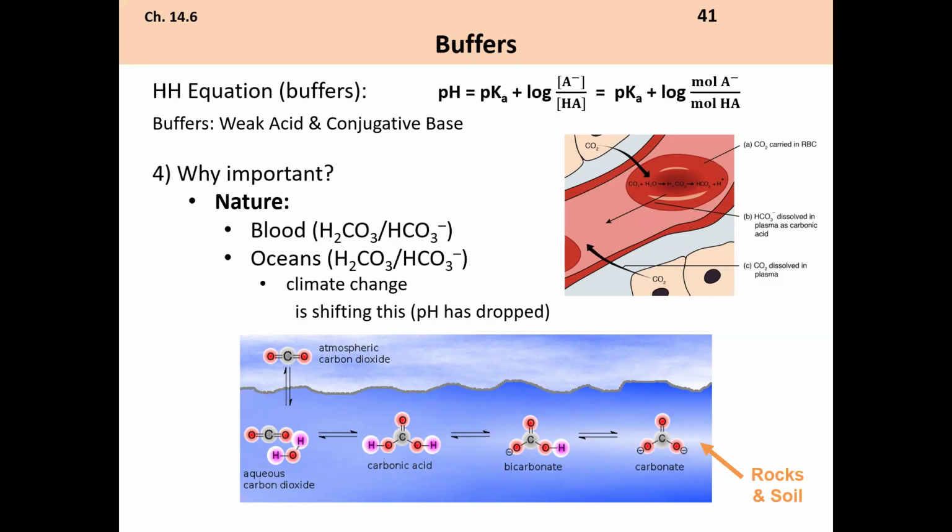And that's a good thing. Just as I don't like my blood pH to change a lot, if you're a fish swimming around and the pH went up and down, that would be bad.